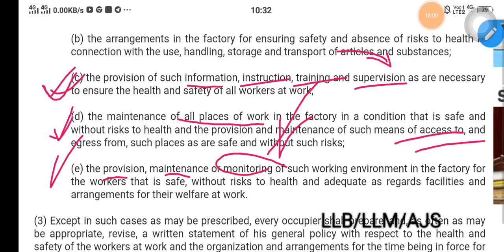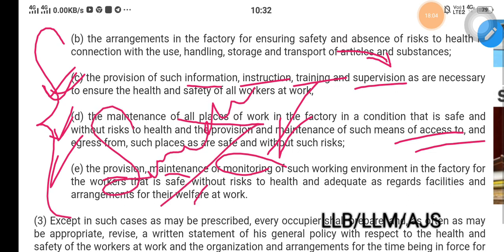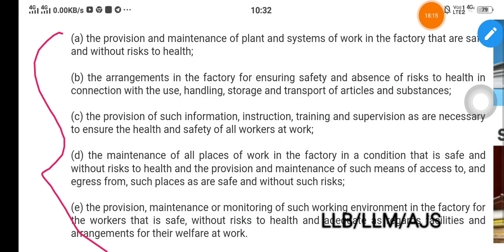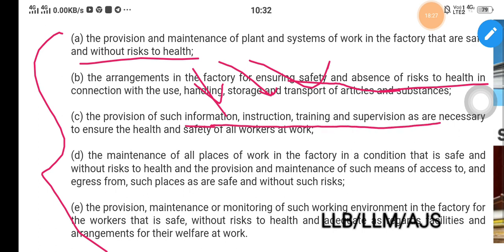So mainly all these things are saying about the safety of the workers, including health and the risks to health, and ensuring safety. So mainly what? Health and safety. Information, instruction, training, and supervision. This is important as it is necessary to ensure health and safety. Again, the object is health and safety, but what do they have to do?